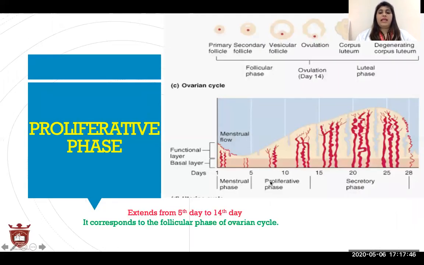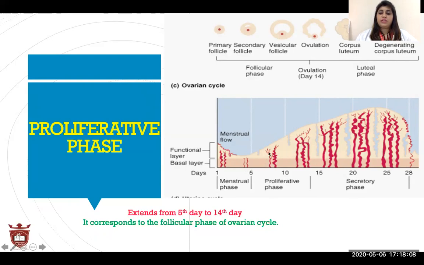The proliferative phase extends from the 5th to 14th day. In this phase, the estrogen levels are very high.